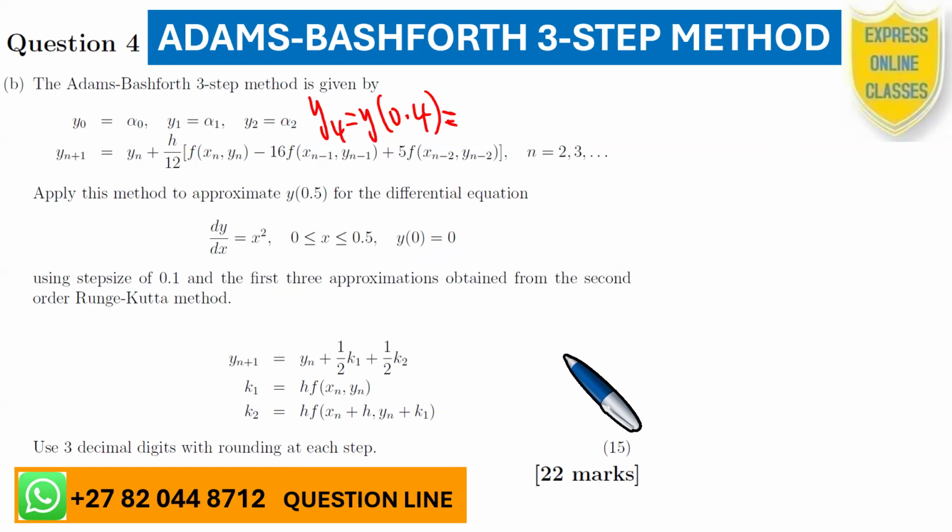So if you have the 0.4, you're going to have the following. For y4, you put n equals 3 here.